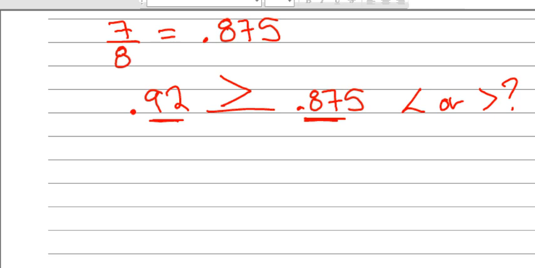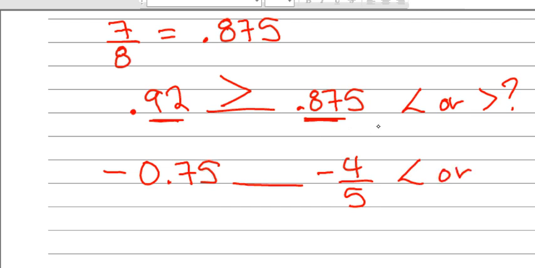So let's do a negative. Is negative 0.75 less than or greater than negative 4/5? Now remember, in negative land, the smaller is the bigger because it's closer to 0.